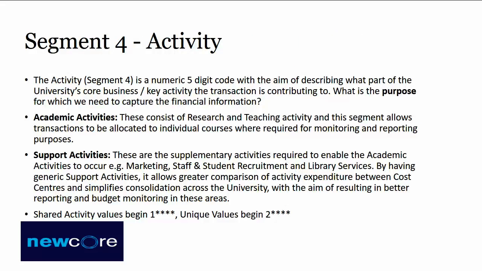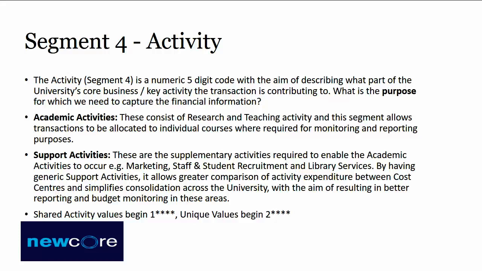Segment 4, so this is where it starts to diverge a little bit from what we know and what we are used to. It's a numeric 5-digit code, and the aim is describing what part of the core business that transaction is contributing to, effectively what is its purpose.